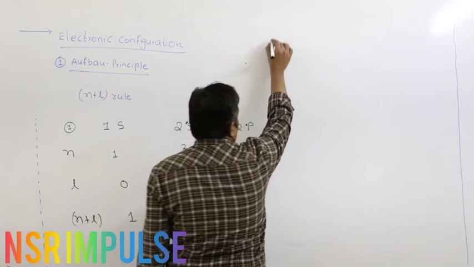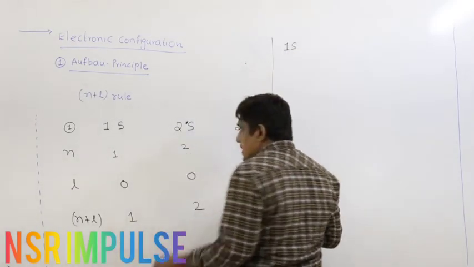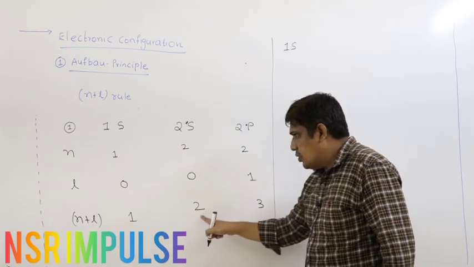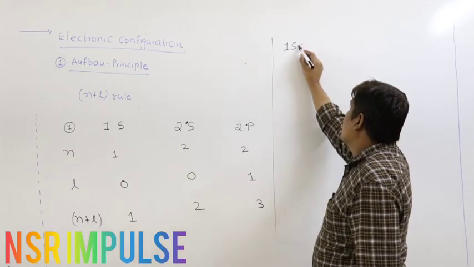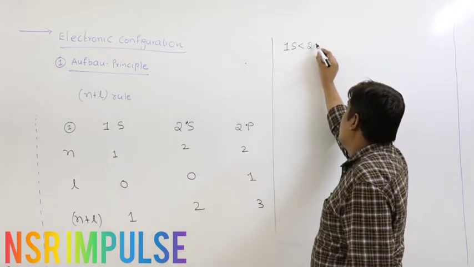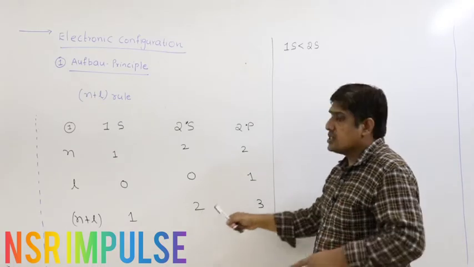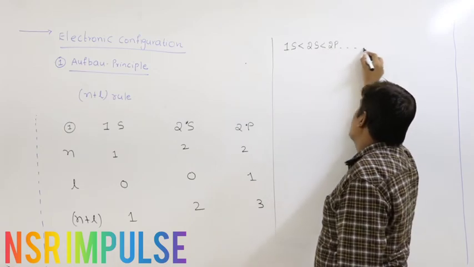So first you have to fill 1s completely. After complete filling of 1s orbital, then go for 2s. After complete filling of 2s, then go for 2p, and it goes on.